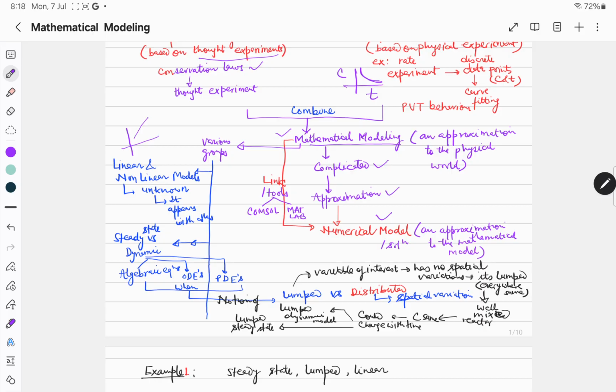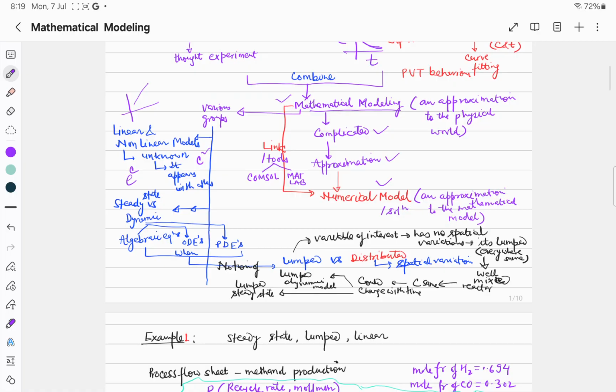Suppose a variable like concentration appears as e to the power C, or C squared; this is a non-linear variation, meaning exponential or transcendental functions and so on.